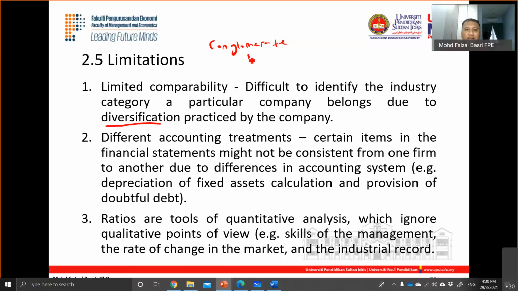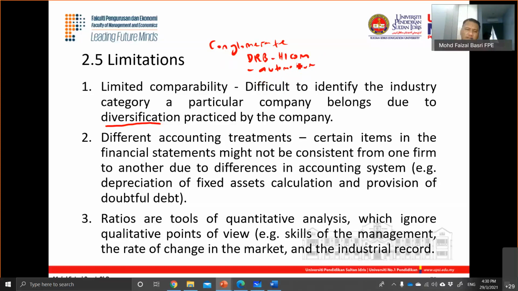We have a company like the RB Hicom, for example. Very diverse. Under the RB Hicom, they have a lot of subsidiaries. You can associate the RB Hicom with automotive. They have Proton.